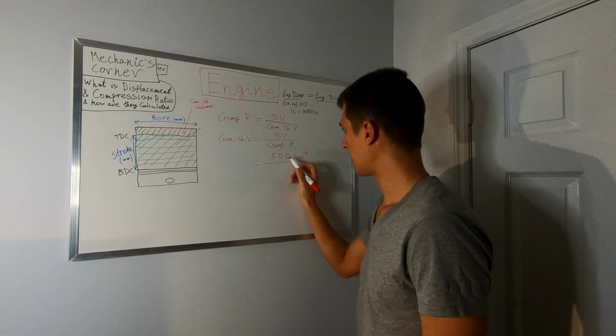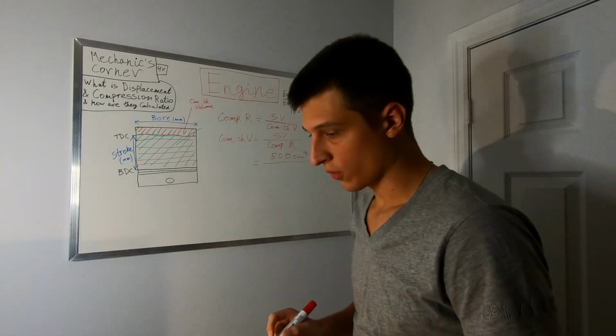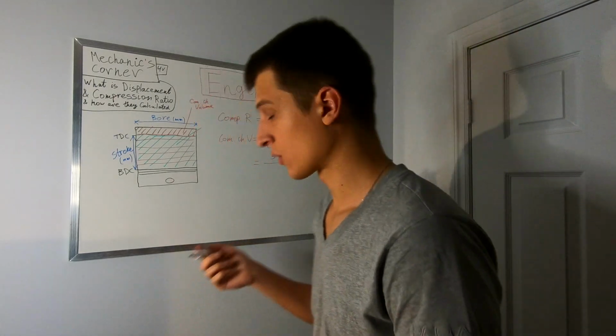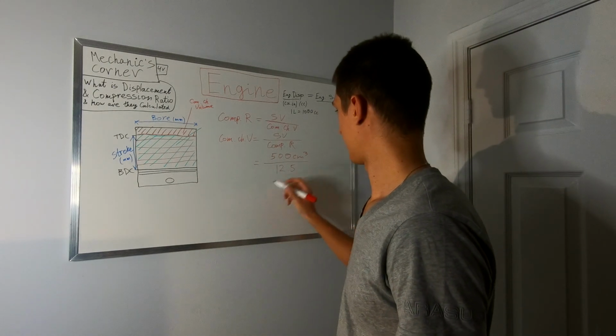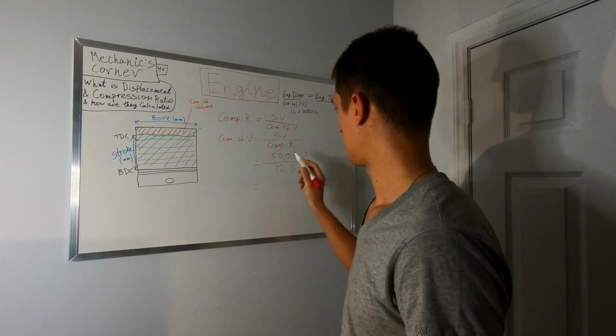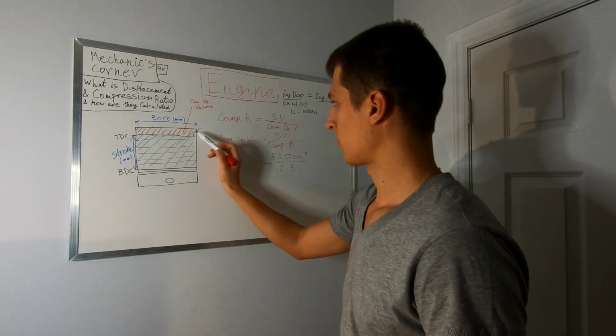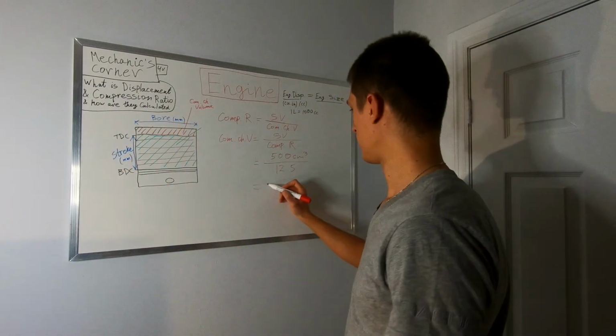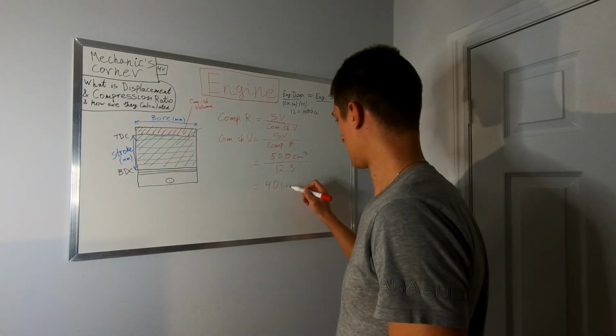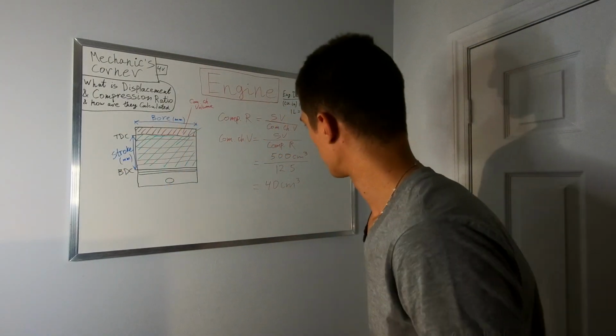If we divide that by the compression ratio of the Elantra, which is 12.5, we'll calculate that the compression chamber volume is 40 centimeters cubed.